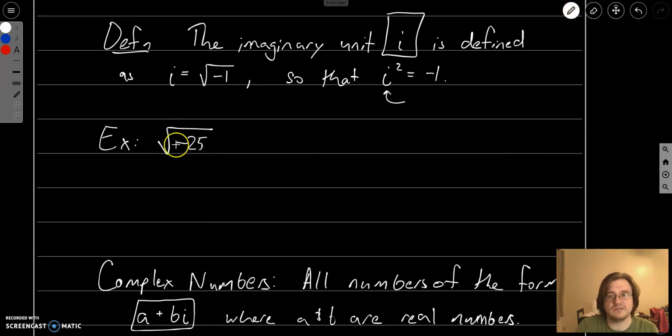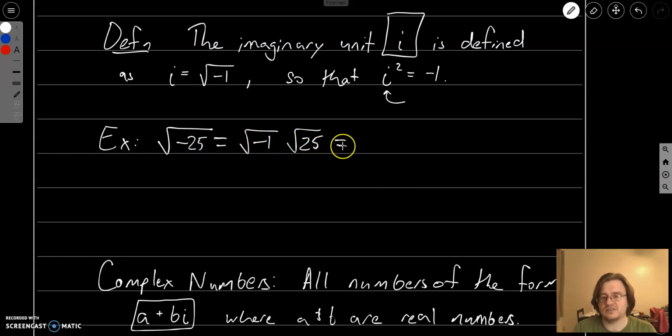So the square root of -25. Remember that I can pull this apart into the square root of -1 times the square root of 25. We can always pull the square roots apart like this. And here, the square root of -1, I spoiled it, is I. And the square root of 25 is 5.